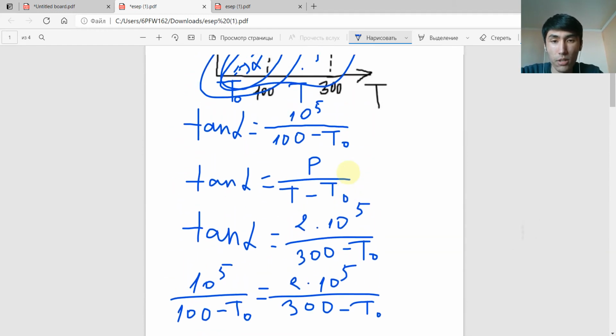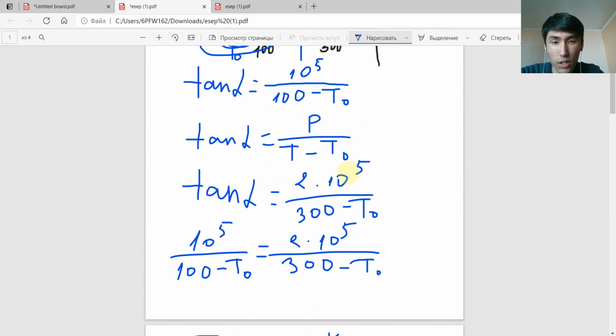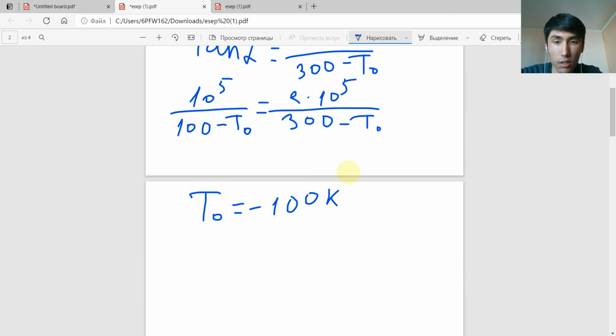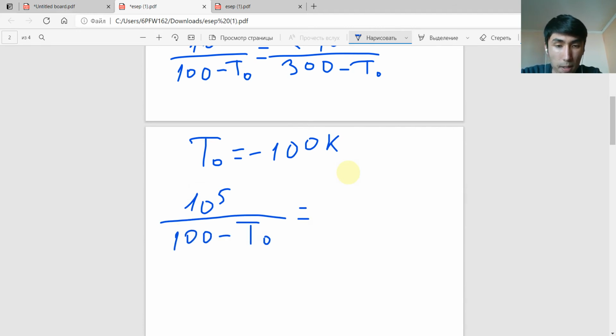So we found T0, and we can write the tangent alpha equation this way. Here will be 100 minus T0 equal to P divided by T minus T0, right?